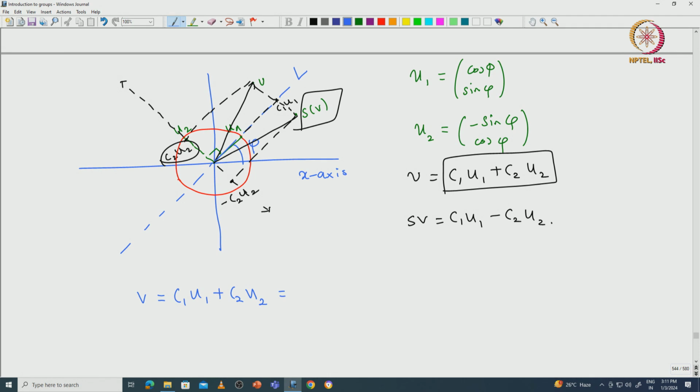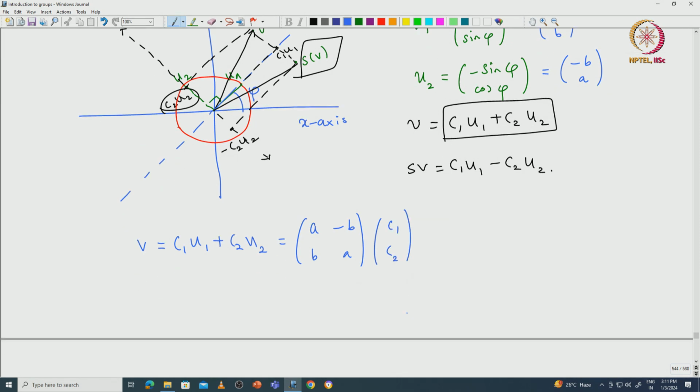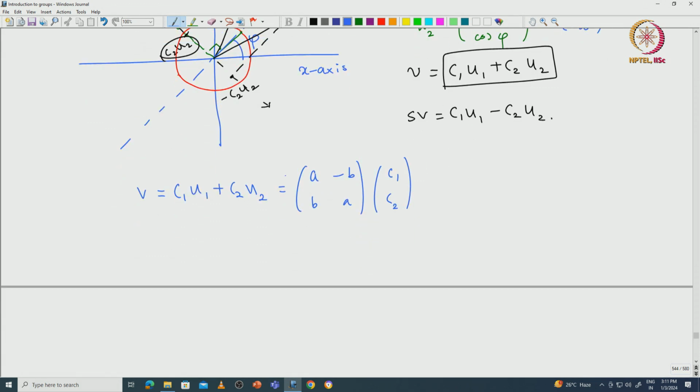Then you write this cos phi and sin phi as A, B, and then minus sin phi and cos phi will be minus B, A. Then you can easily see that this is going to be the matrix A minus B, B A, times C1 C2. These are going to be the coordinates with respect to U1 and U2, but using the matrix form you can see that V is exactly equal to this.